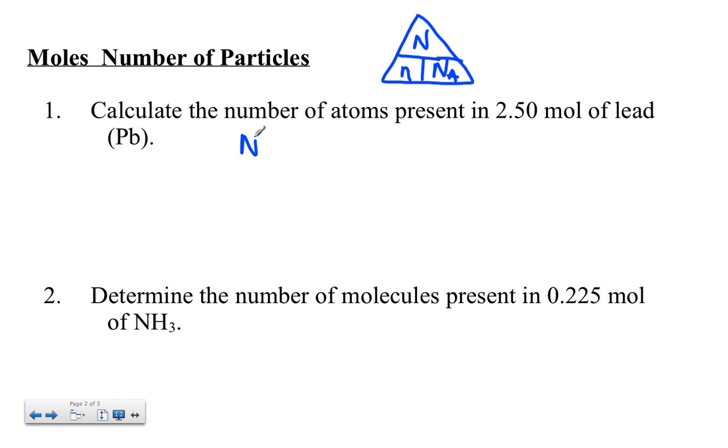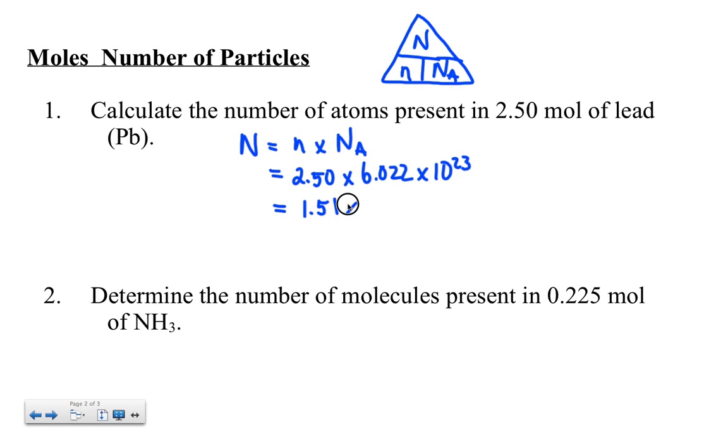So my large N, or my number of particles, number of atoms, is equal to the number of moles that I have times Avogadro's number. So we've got 2.50 moles times Avogadro's number, which is 6.022 times 10 to the 23. And when I do that math in my calculator, I get 1.51 times 10 to the 24.